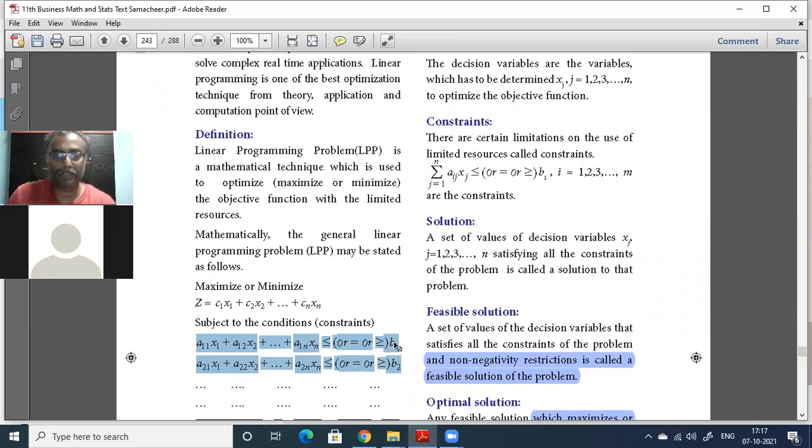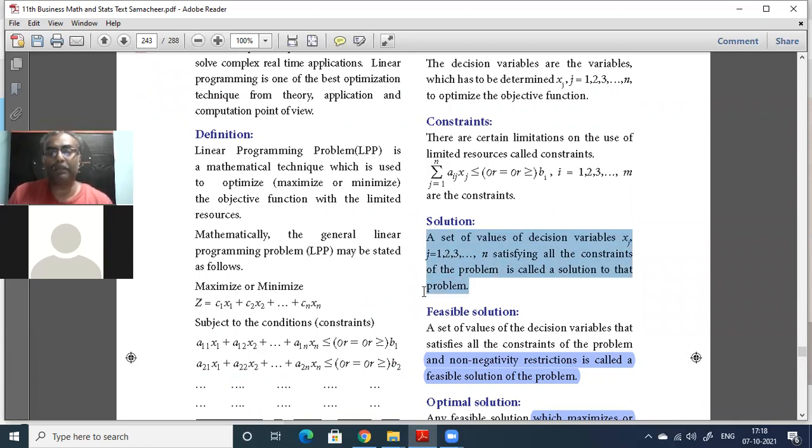You are also satisfying Hyundai's constraint that the total bill must be less than 10,000, or the total number of tires every month must be greater than 1,000. Something like that. Okay, all these constraints are satisfied, then you get a solution. You are maximizing the profit in such a way that all the conditions are satisfied.